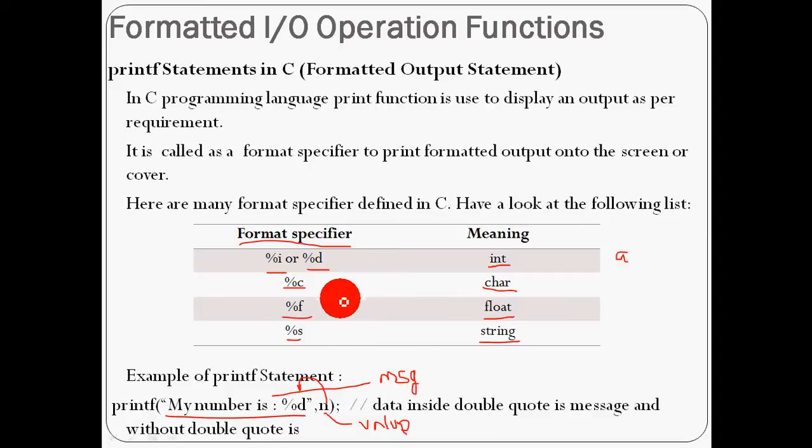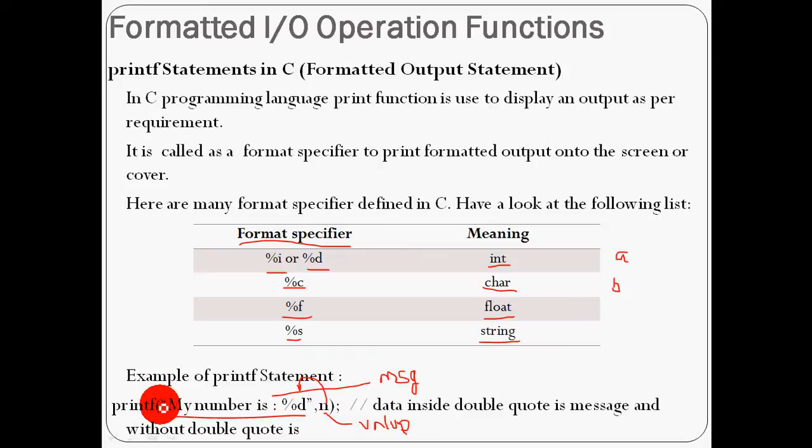Generally we use %d. While if b is declared as a character type, and we want to call the value of b inside the printf message, then we can use %c. Here is %c, then %f and %s.